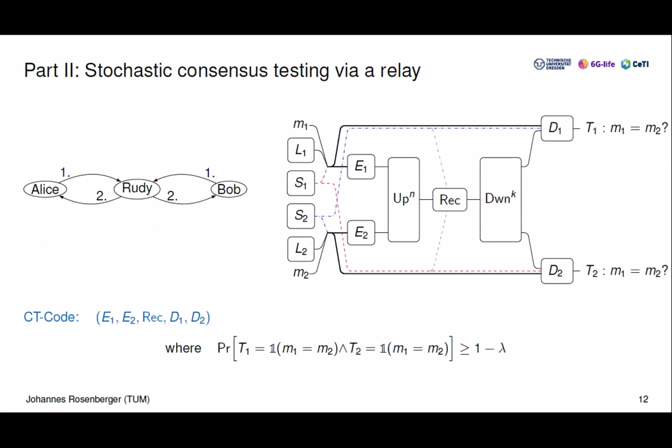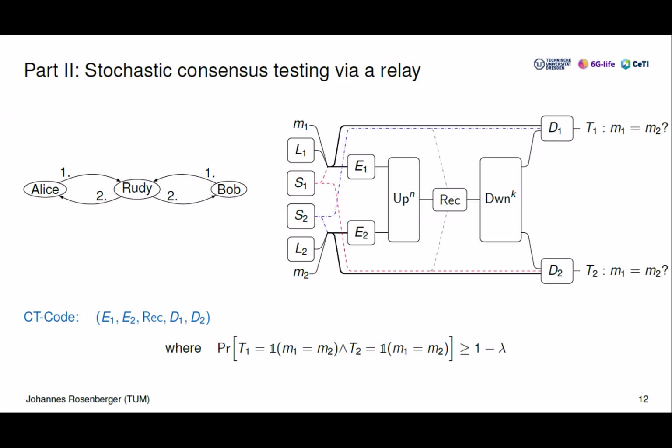So let's take the most general network here. Encoder 2 doesn't know M1, so the encoders can't compute the message. But if the relay can already infer the message without paying any extra cost, it should do it. Rudy should do it. If he can't, he shouldn't, of course.